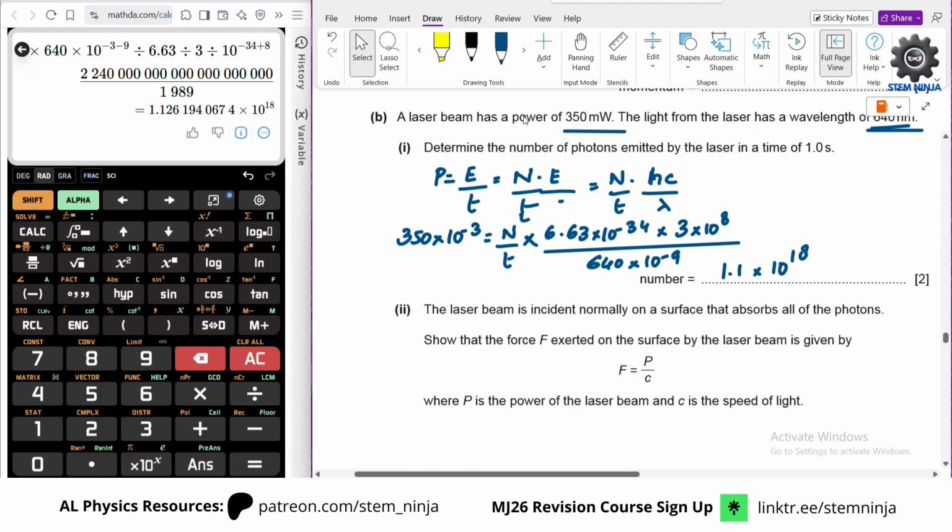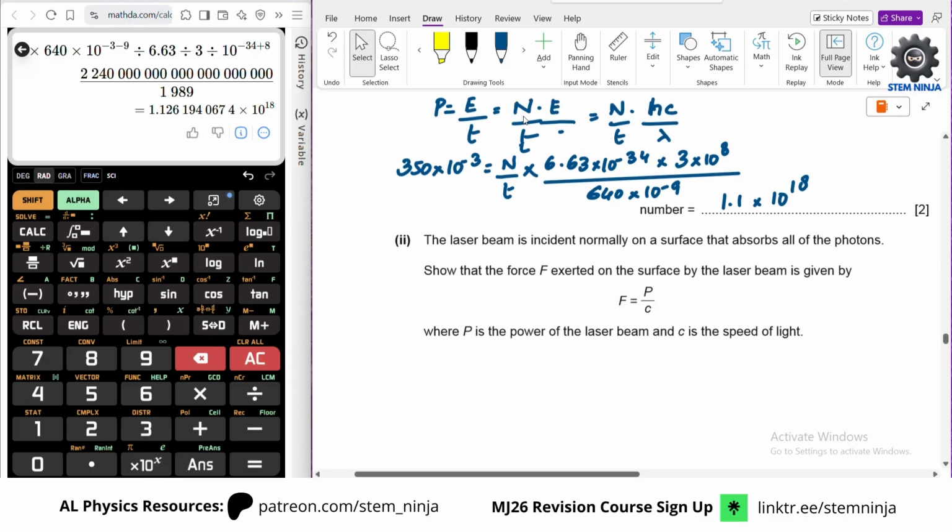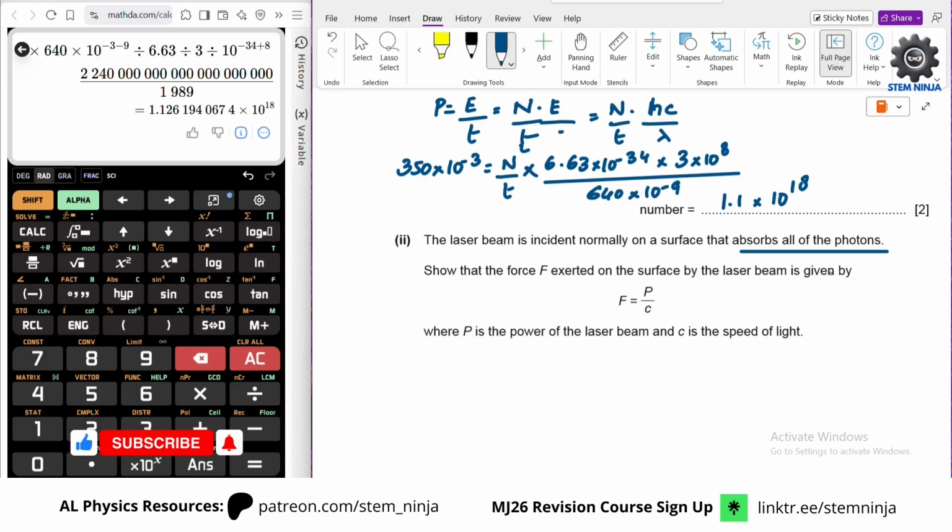A laser beam is incident normally on a surface that absorbs all the photons. Show that the force exerted on the surface by the laser beam is given by this. So force is basically the rate of change of momentum, right?